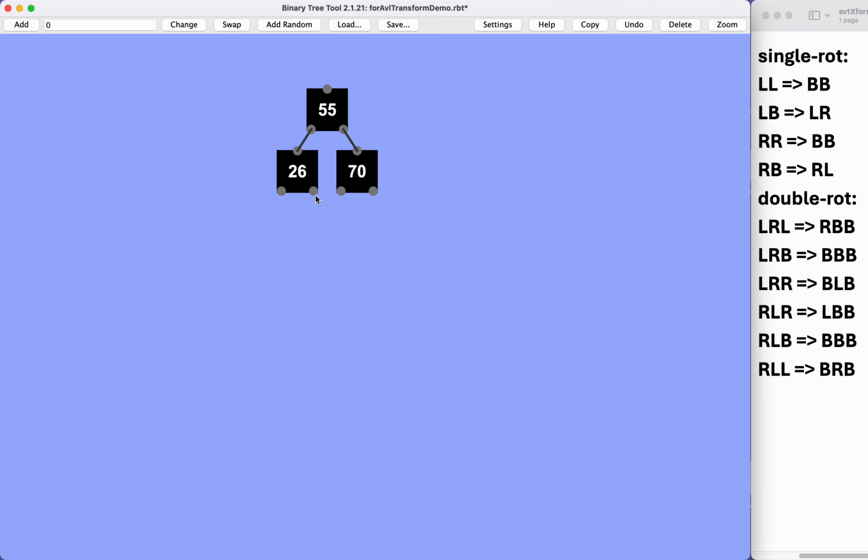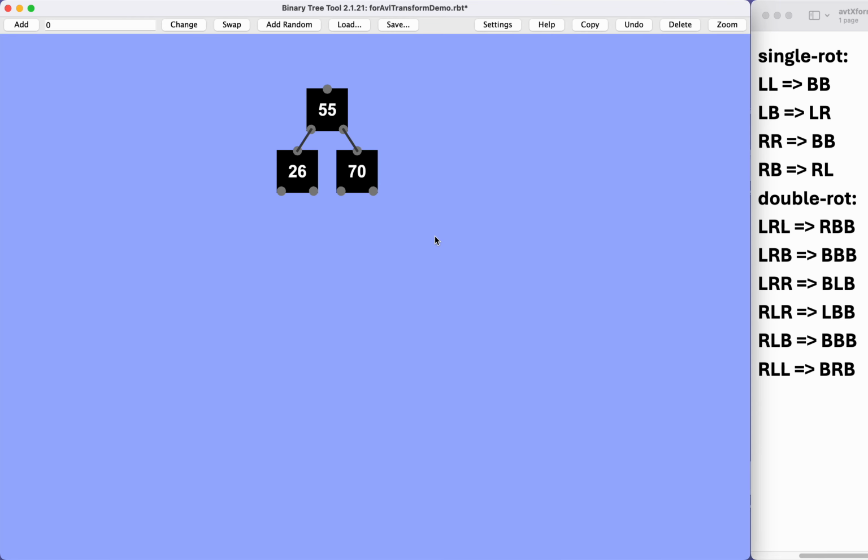There could be subtrees sitting down here, but the subtrees are not going to get modified. Their heights are not going to change, so they just go along for the ride. I've shown the simplest possible case, but these could be subtrees of height 10, and that won't matter. We won't touch them. All we do is the rotation at the top level.